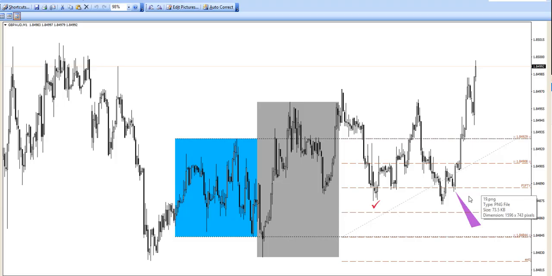So this is an example of pound Aussie. This is a 1 minute chart, and this is a 1 hour price engine, right? So what you can see is I have the Fibonacci set to the inner price engine, the inner range, and the fair value being the 50.